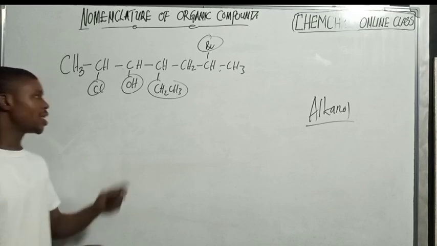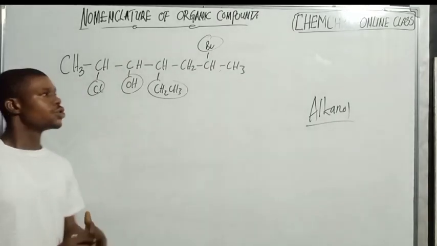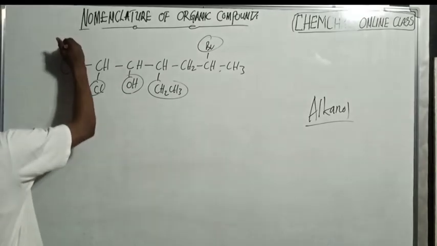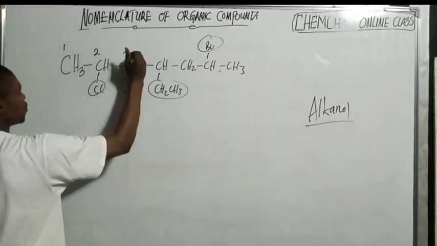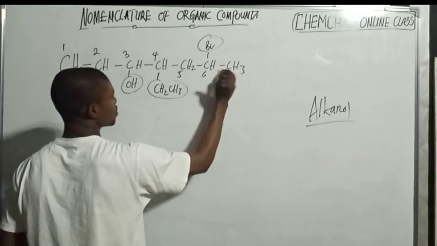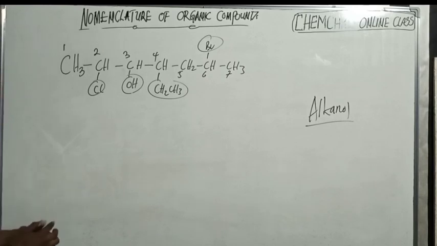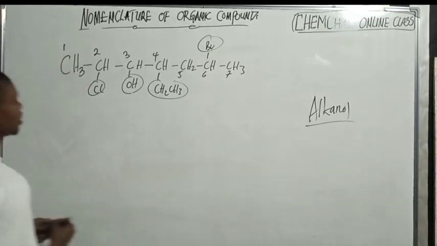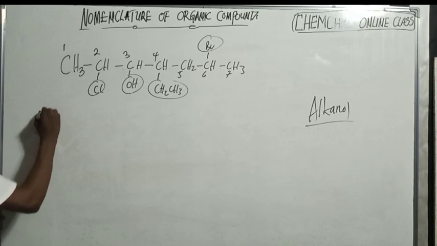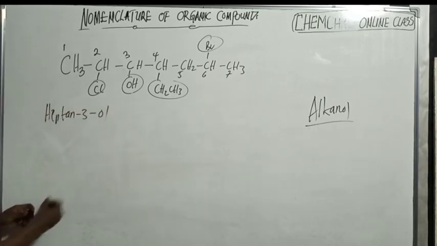So the numbering should favor the OH, not the substituents. We start from here: 1, 2, 3, 4, 5, 6, 7. So it is 3-heptanol, or hepta-3-ol.